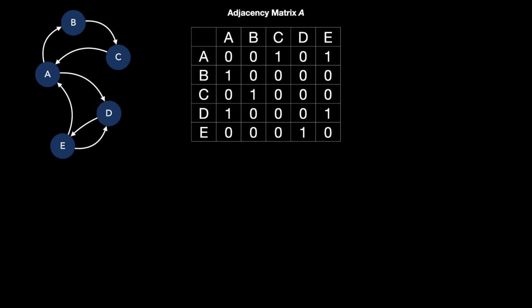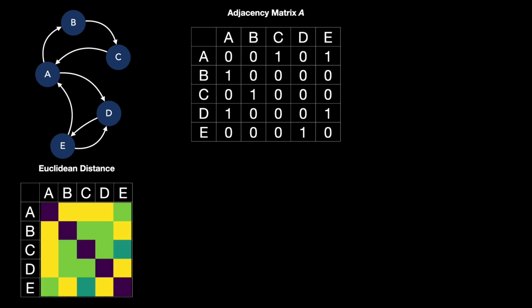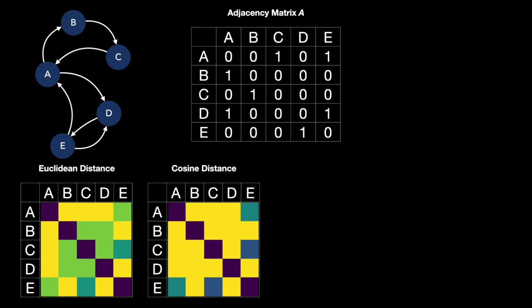So for instance, if we have this adjacency matrix, we can evaluate things like Euclidean distance on this matrix. It's a pairwise square matrix where we have distances between all pairs. And you can see by reading this off that node A is most similar to node E in the graph based on Euclidean distance. And in fact, cosine distance is similar.